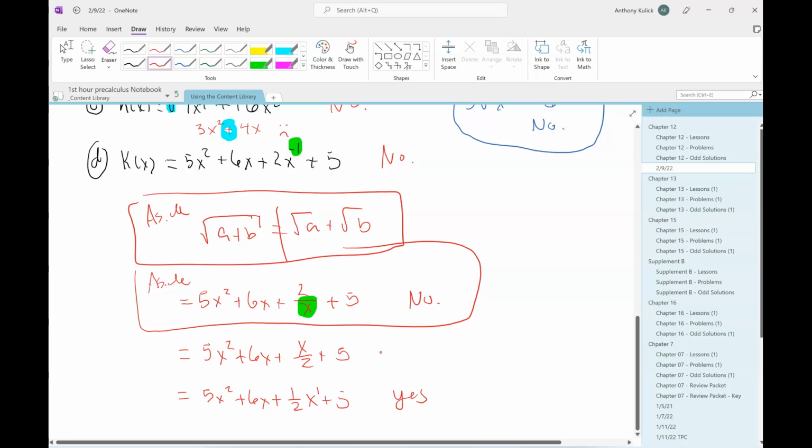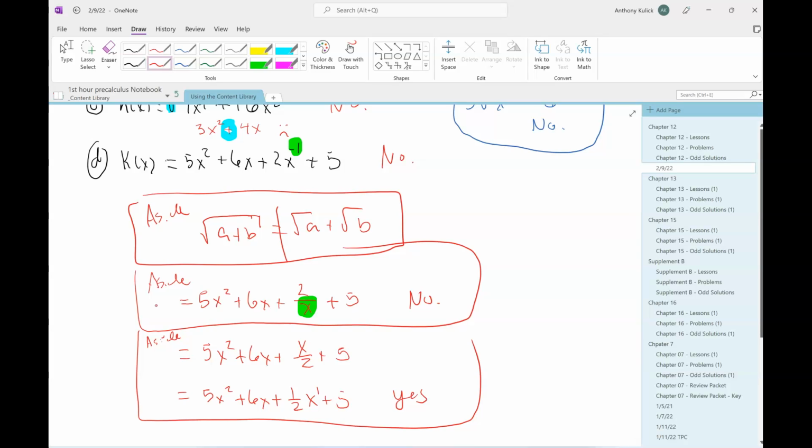And 1/2 is a real number, x to the first, positive exponent. That one is okay. So the takeaway is variables in the denominator, bad. Numbers in the denominator, that's fine. No big deal. You guys see that? So again, just talking about some other examples, some hypotheticals there.